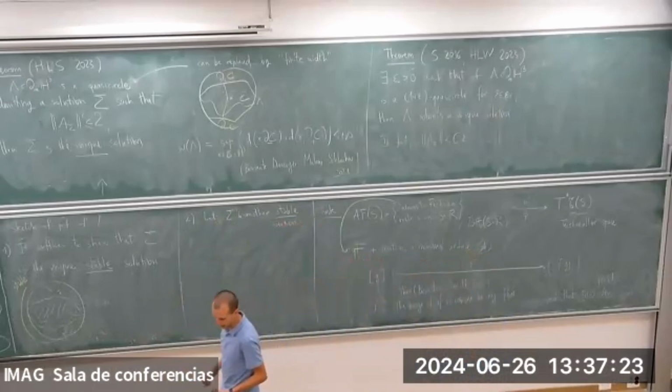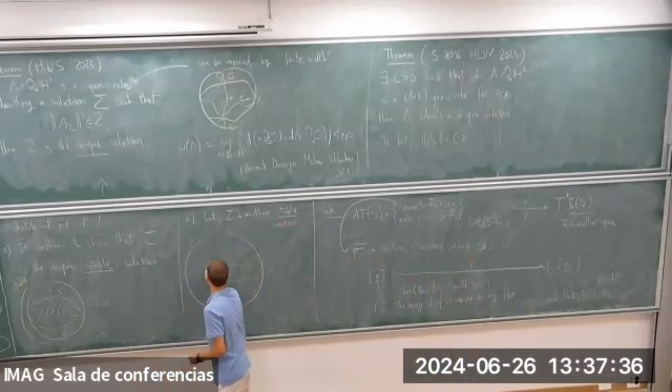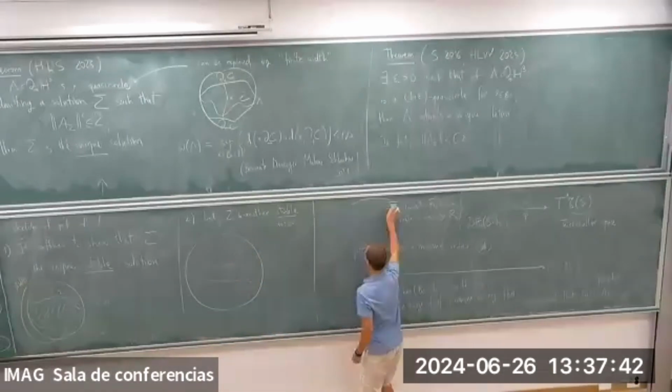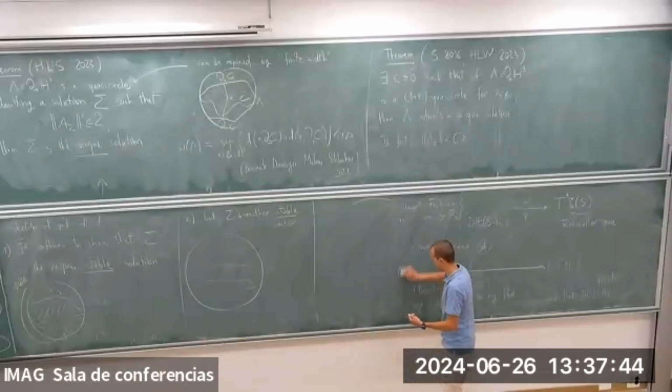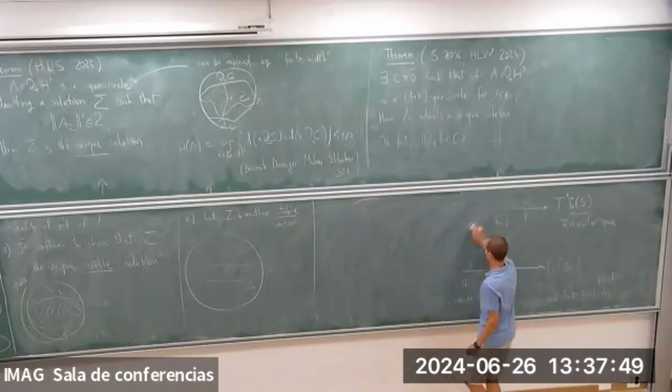And the observation is the following: this condition on the second fundamental form, on sigma, gives some information on the equidistant surfaces.